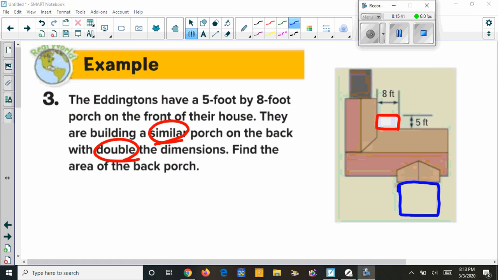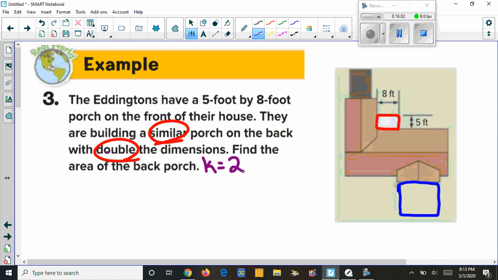This is a great example because there's more than one possible way of finding it, but I want to use the method we're talking about in this video to help us understand what's happening. When I saw double the dimensions, that meant k is equal to 2.